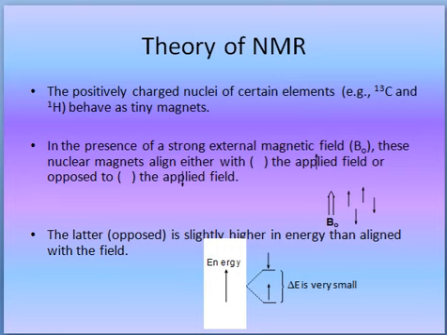This B0 is the external field, that is the spectrometer. Every time we discuss a 500 megahertz, 200 or 300 megahertz machine, that is only B0, the external magnetic field, using a superconductor.